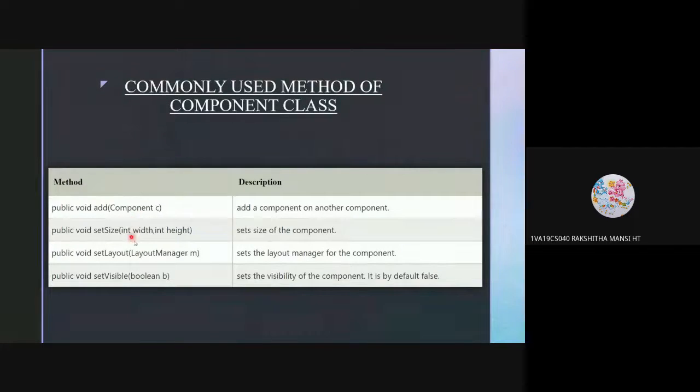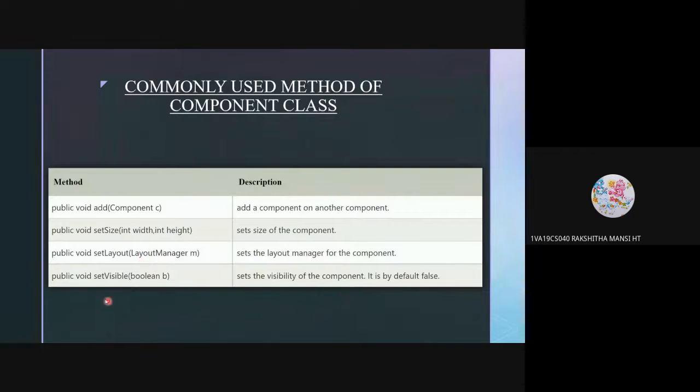Whatever parameter we give in the add method should be the related component. Then set size would set the size of the component which we are going to add. If I'm adding a button, then set size is used to set the width and height of the button, so the parameters given would be int width and int height. And set layout is used to add a layout manager for the particular component.